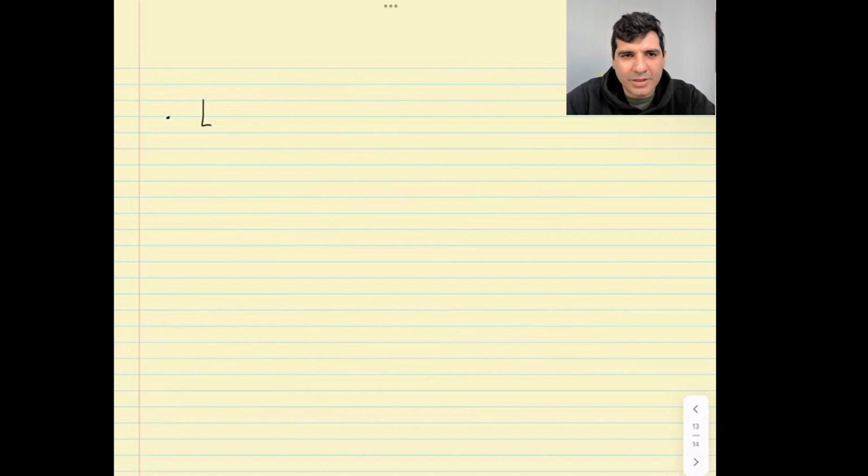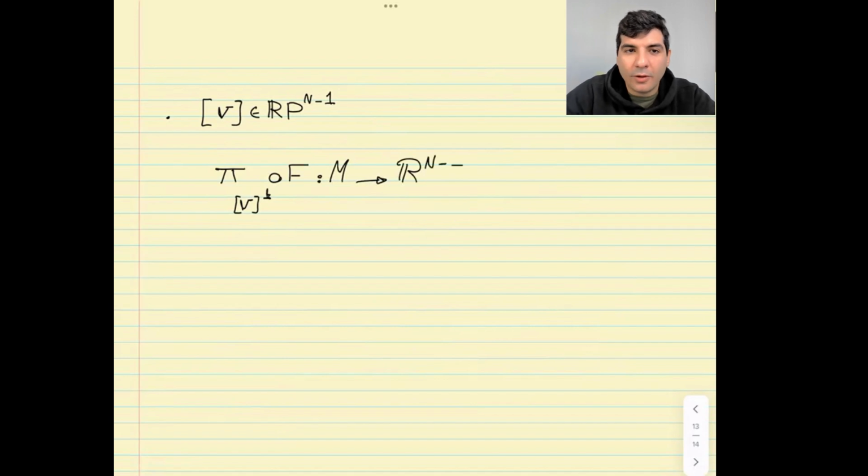So rather than saying we choose v in Rn, it's better to say we pick a class of v in RP^(n-1). Associated to that, we get a projection map. We compose that projection map, denoted by say pi of v perp, or the class of v perp, with f. We get a map from M to R^(n-1). We want to say that for almost any choice of class [v] in RP^(n-1), this composition is an embedding.